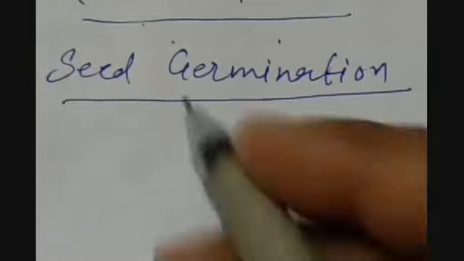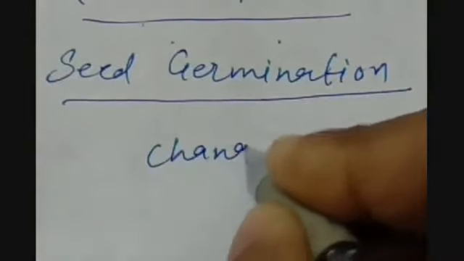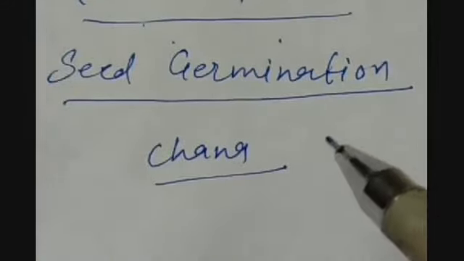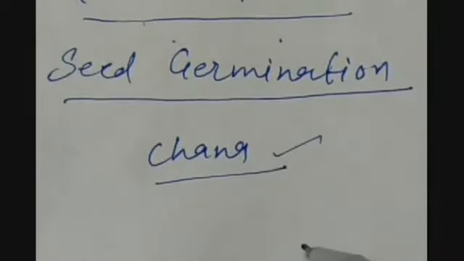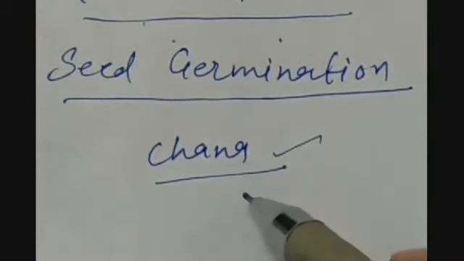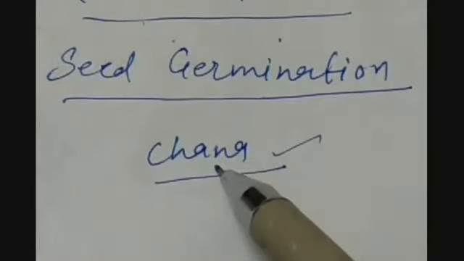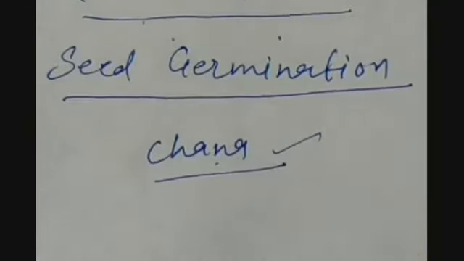Many times you might have observed that the gram or the chana, as we call it, when we soak it for some time and then keep it inside a cloth for a whole day, it starts germinating. But the condition is it should not get dried. Only the favorable conditions should be provided to it and it starts germinating.